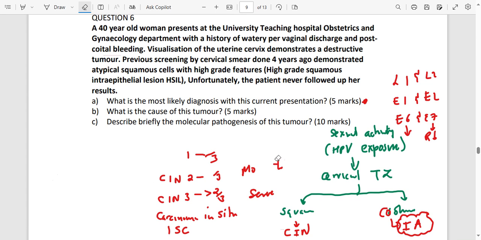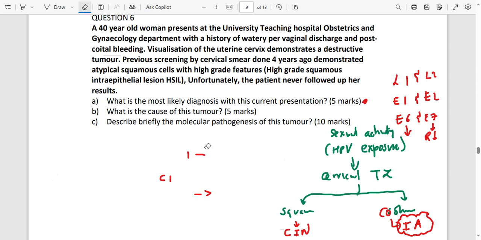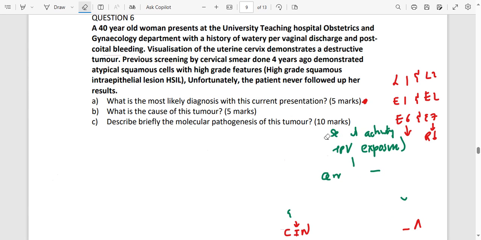Okay, we are going to describe it again on question C. Anyone that can help with B? What is the cause of the cancer we are talking about here?